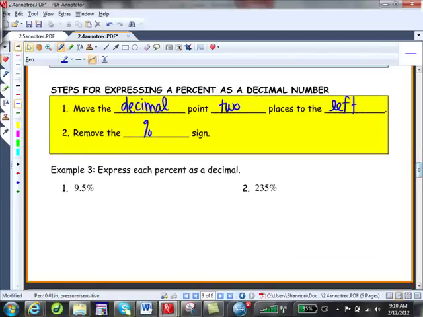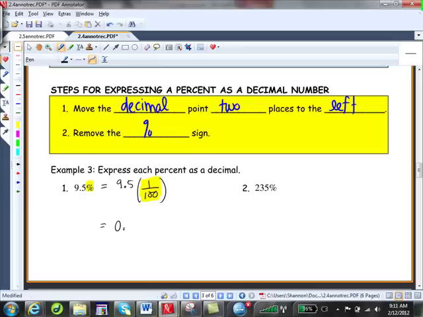All right, here we go. 9.5%, remember, is equal to 9.5 times 1 over 100. You can literally replace the percentage with this guy. So then dividing by 100 will move the decimal 2 places.